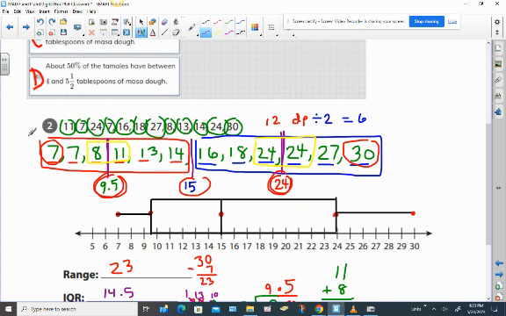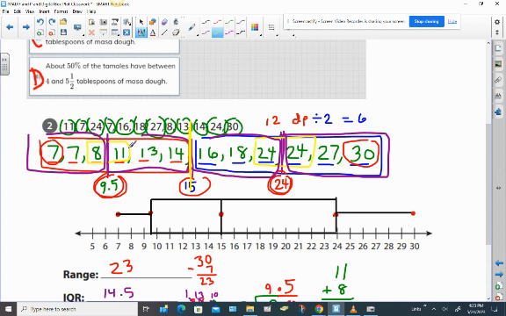Here's your first chunk, here's your second chunk, here's your third chunk, and here's your fourth chunk. Now, 50% of the data would be above or to the right of this yellow line, and 50% of your data would be to the left of it.